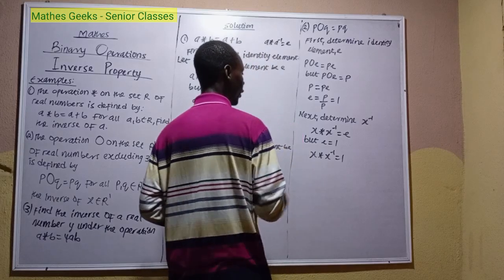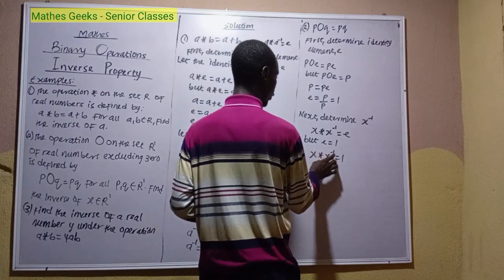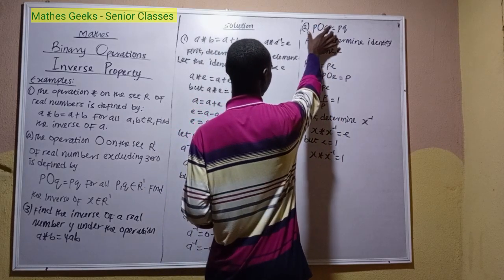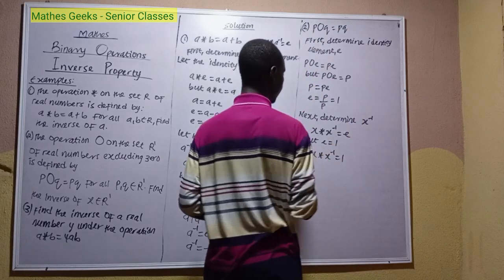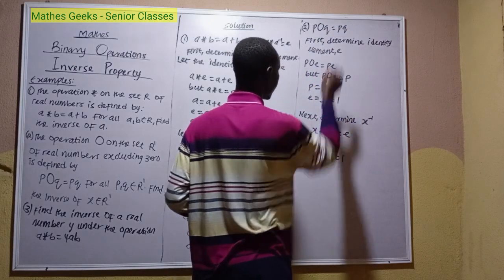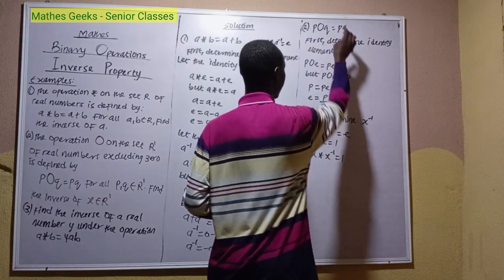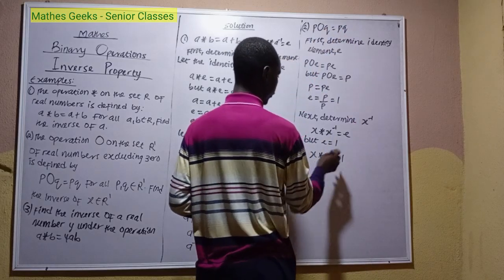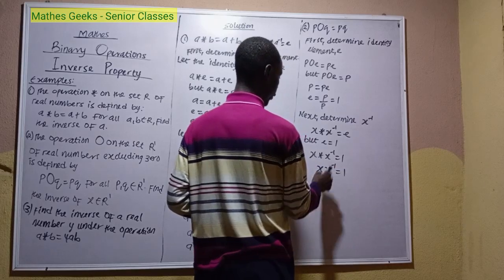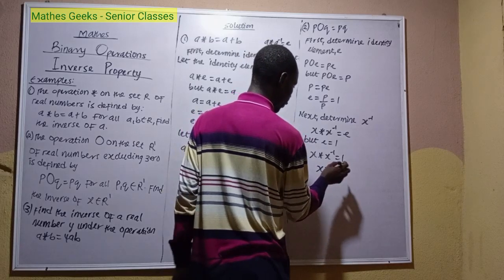But remember that this operation was taken from this operation, which is equal to PQ, meaning that X times X inverse is equal to 1.